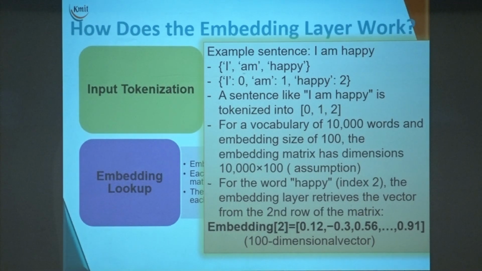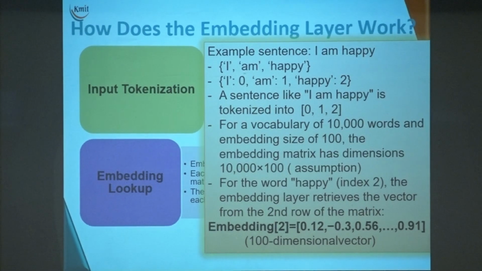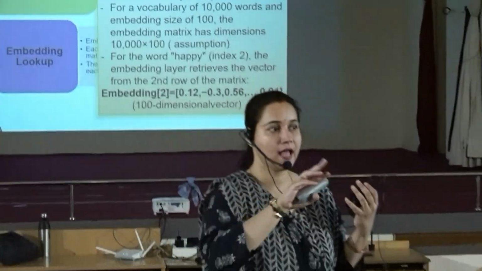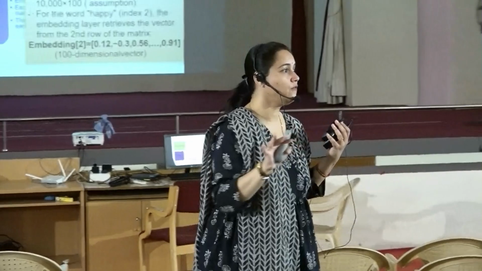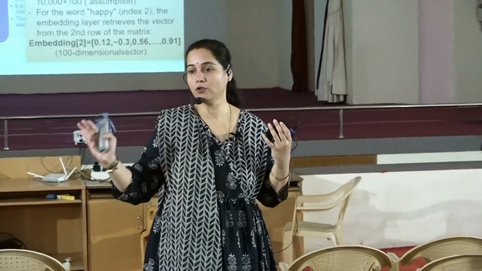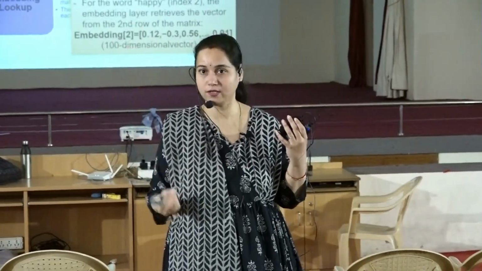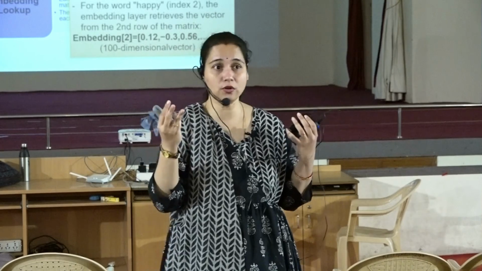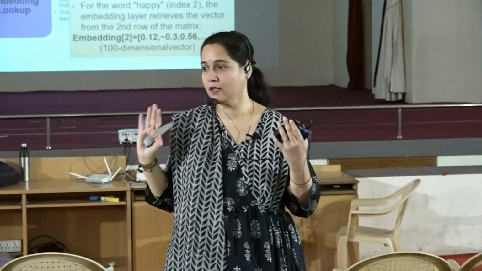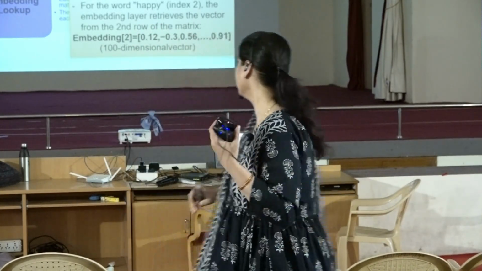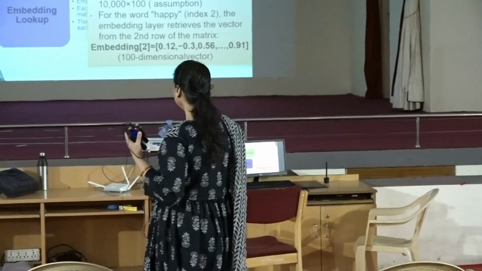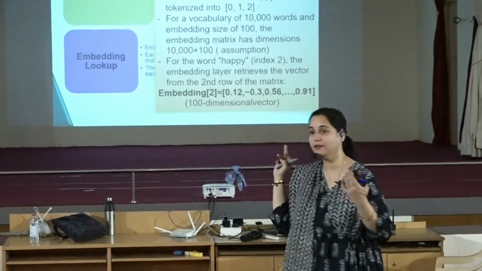Allot indices. I is 0, am is 1, happy is 2. So what is the range of index? 0 to 2, because there are 3 words. Clear enough? So determine the number of words. Index range should be 0 to number of words minus 1. Clear enough? Now it will be tokenized into 0, 1, 2.